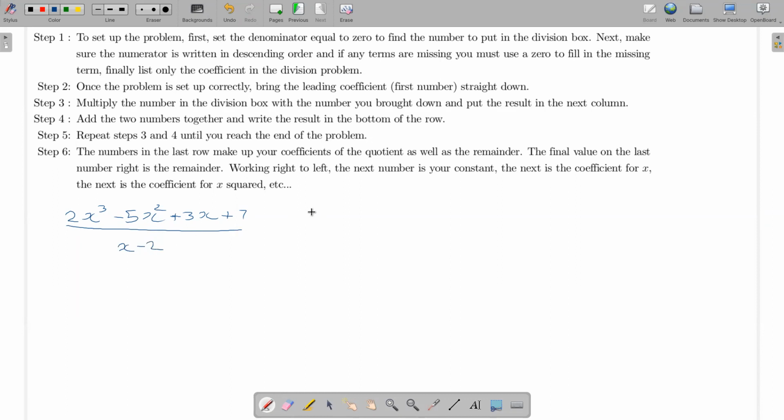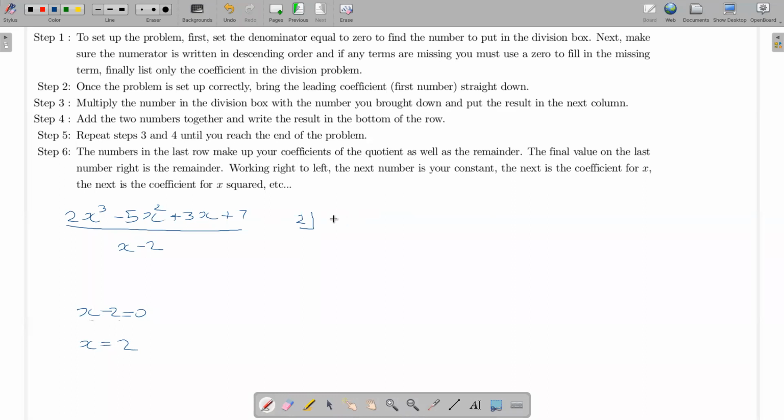Okay. So we do our division box and write the opposite term of this. So if this has -2, you write 2. Another way to get it: set the denominator to 0 and solve for x. You put that value there with the opposite sign of this term, or you can set it to 0 and solve, get the solution and write it here. Then you have to write the terms in decreasing order.